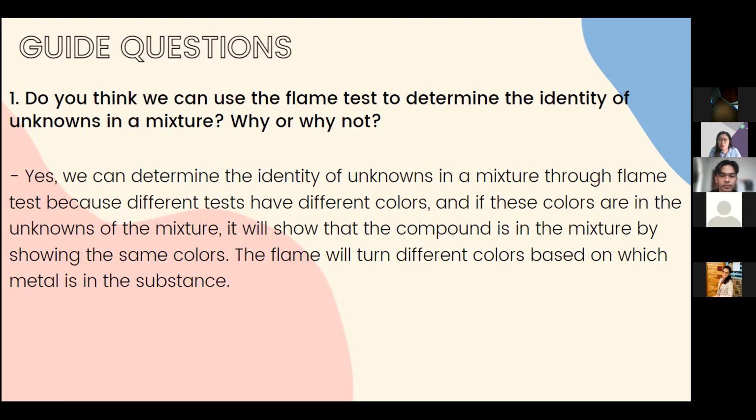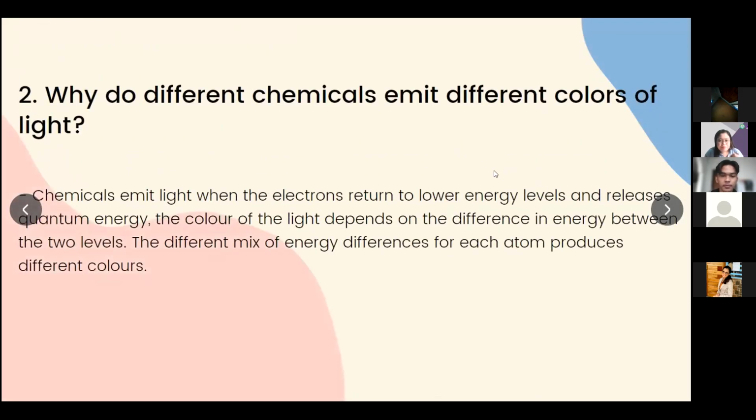Remember, we have the orange flame for the luminous, and 'di ba nakita ninyo kanina sa video nila na most of our metals will produce orange, yellow, or a red colored flame. So yan yung reason bakit sa blue flame tayo or the non-luminous flame.